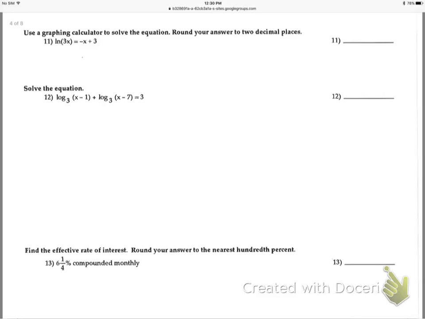All right, let me give you a second. I think you get more out of it if you do it first. So try number 11. Natural log of 3x equals negative x plus 3. All right, what are we supposed to do in number 11?